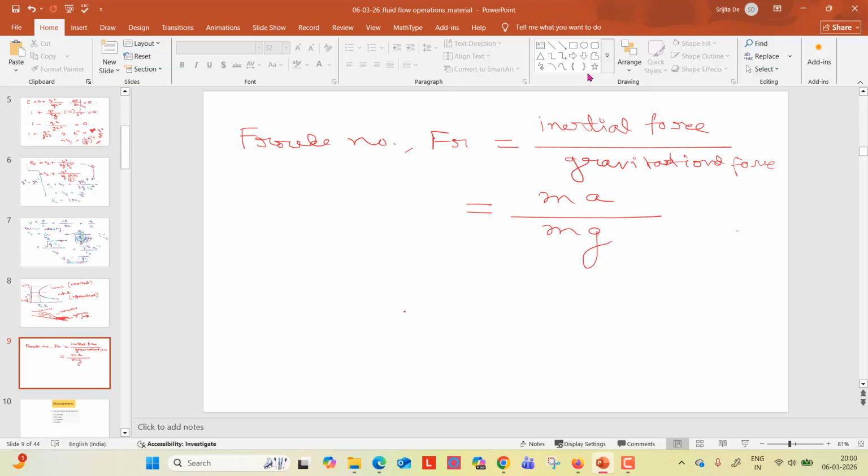Now m will be cancelled out, so this is nothing but a by g. What is a? A is velocity per time, and by g, so it is v by tg. And how can we calculate the t?